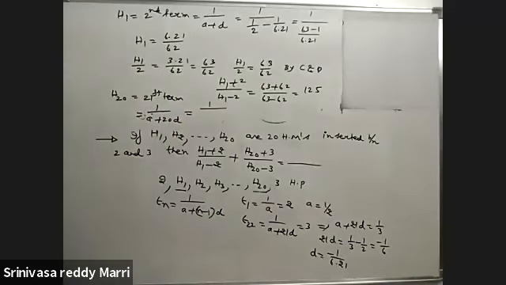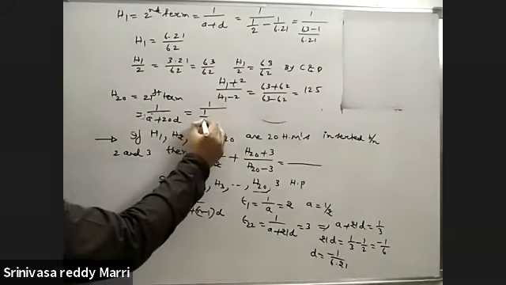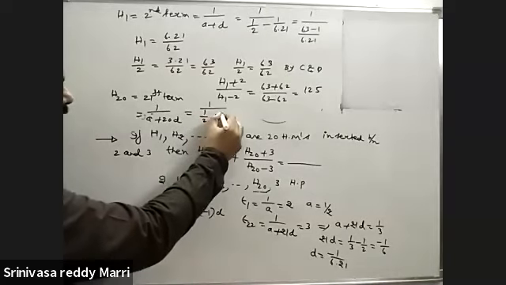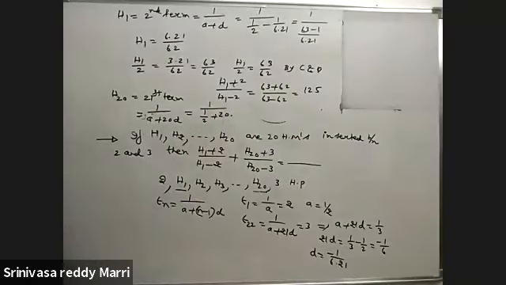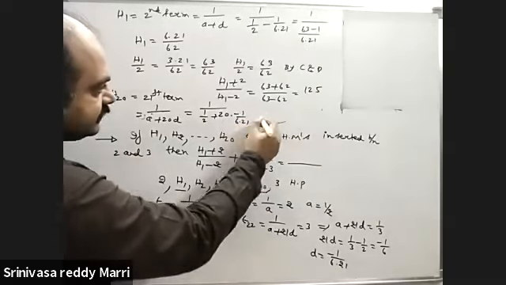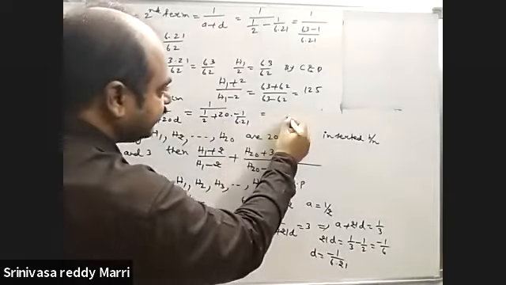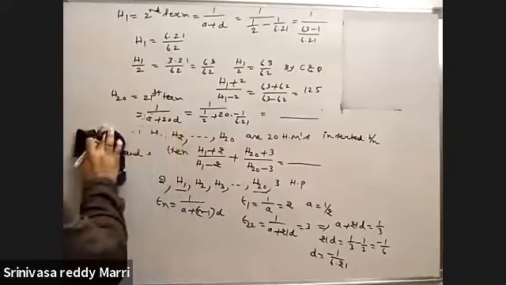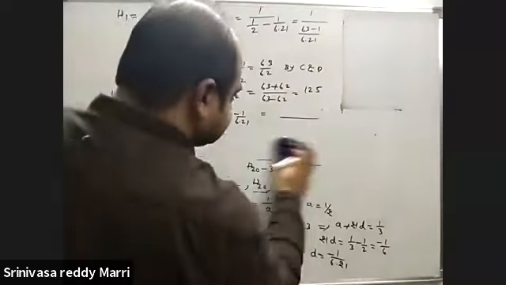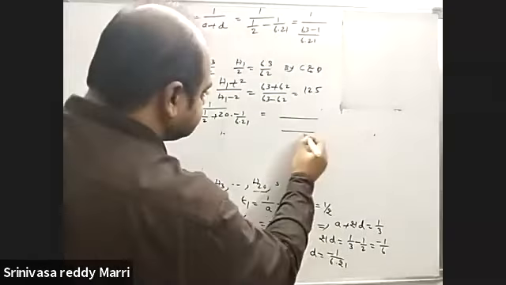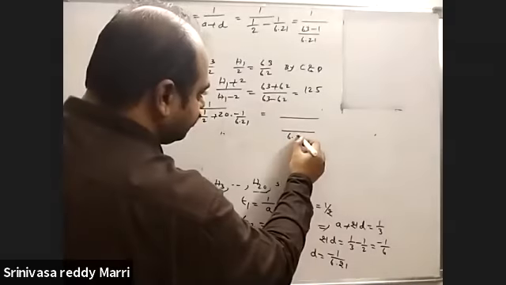That means 1 by 2 plus 20 into D, which is minus 1 by 6 into 21. So again LCM is 6 into 21, denominator.